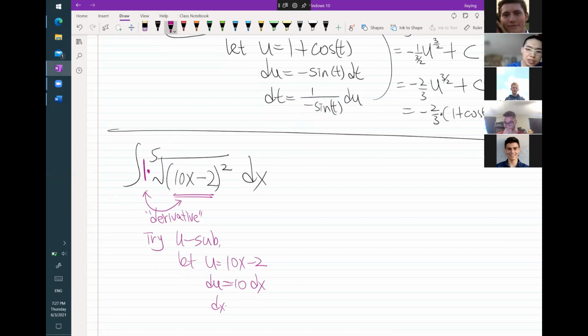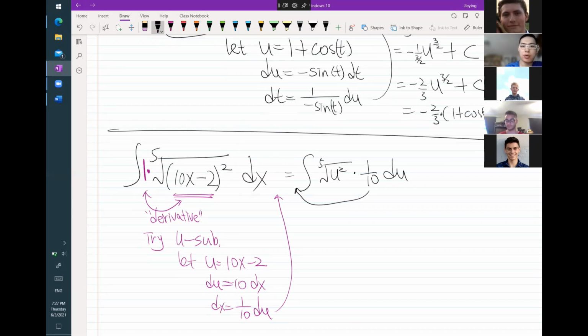And then dx equals 1 over 10 du. If I use this in the integral, I get the integral of the 5th root of u squared, and dx becomes 1 over 10 du. See, it doesn't really change anything.